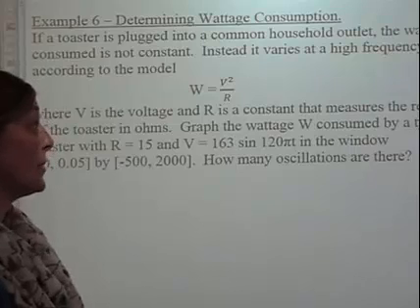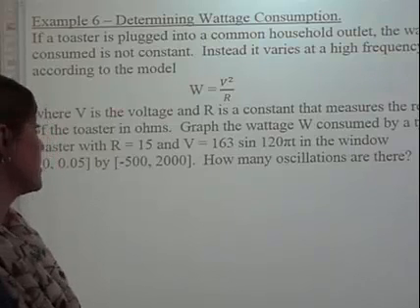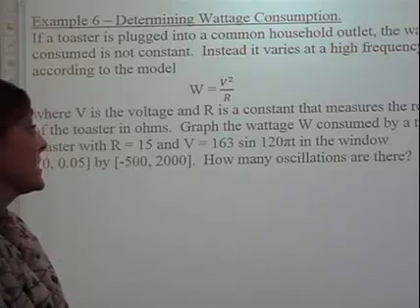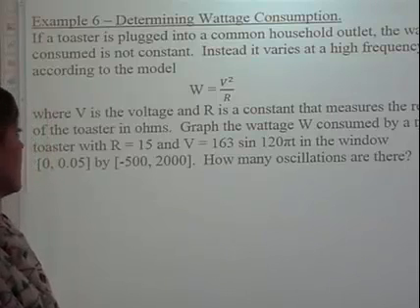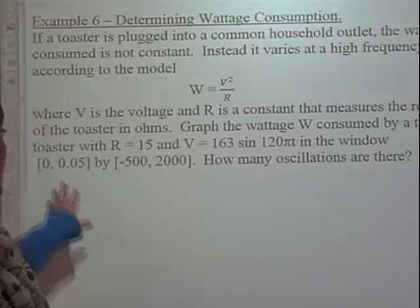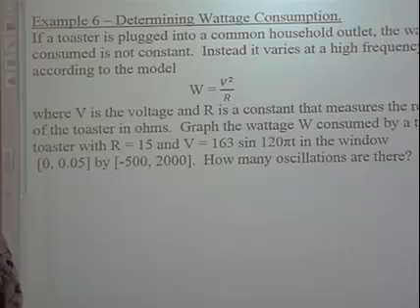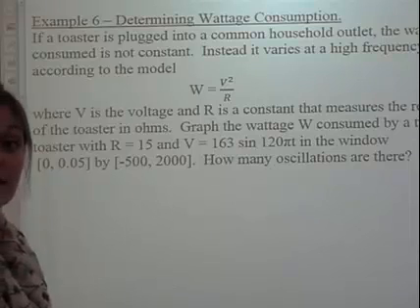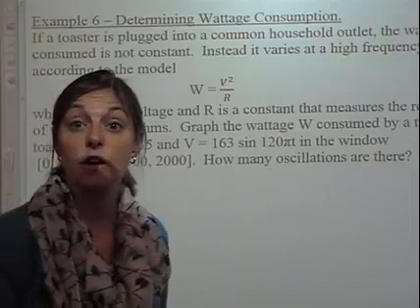Graph the wattage W consumed by a typical toaster with R equals 15 and V equals 163 sine of 120 pi t, in the window 0 to 0.05 by negative 500 to 2000. How many oscillations are there? So we're going to do this one on the calculator.